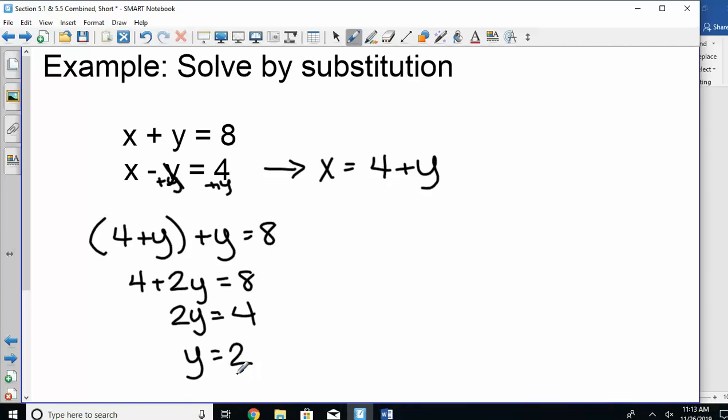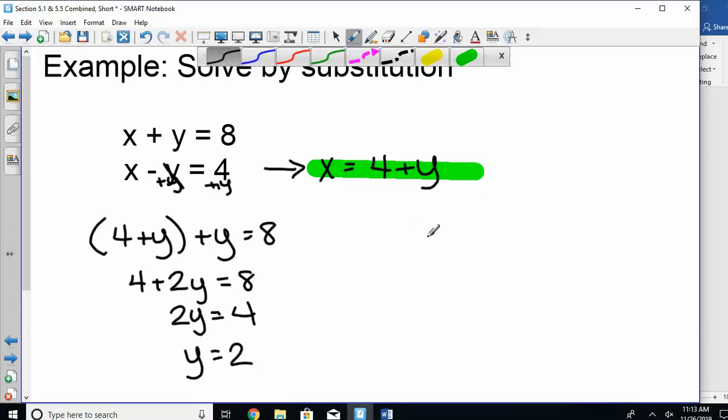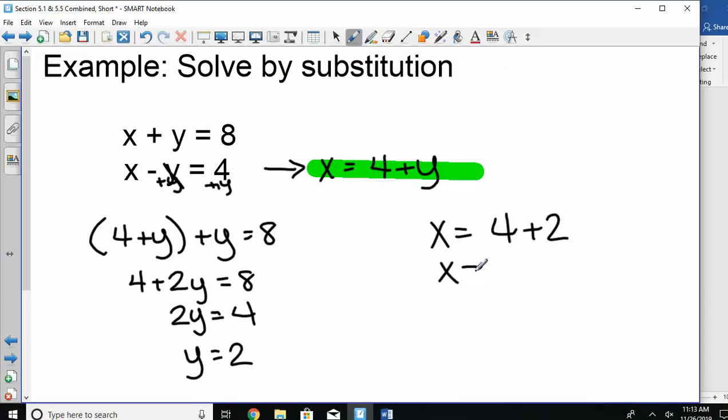So I get y equals 2. Then what do we do with that? Plug it in to solve for x. You could really put it in anywhere, but the easiest place is going to be right here. I know x is 4 plus y, so 4 plus 2 is 6. I want you to write these as an ordered pair. So ordered pair x comma y, so 6 comma 2.